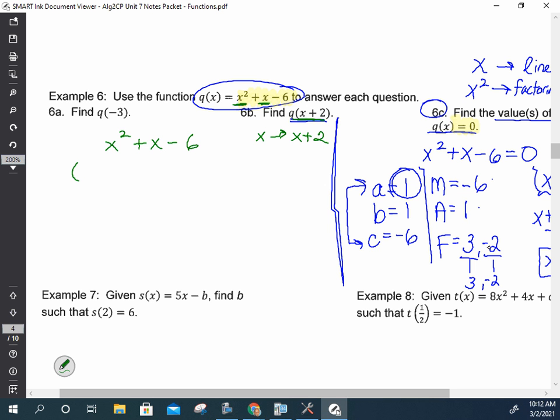So that means we have x plus 2 squared plus x plus 2 minus 6.